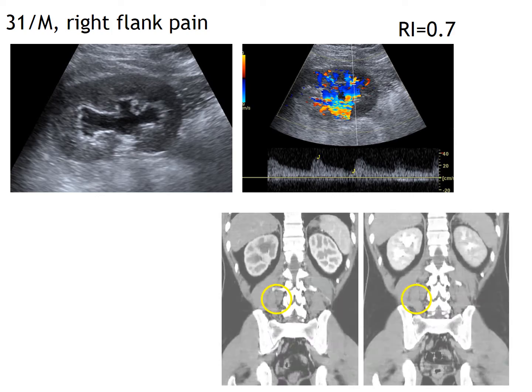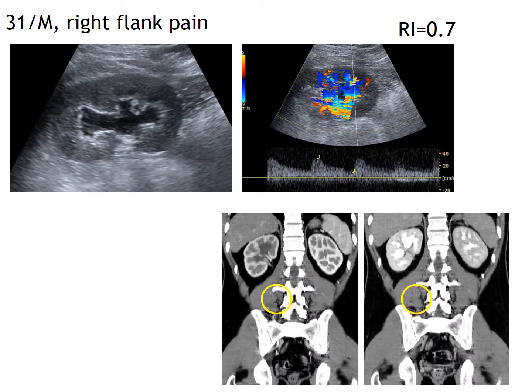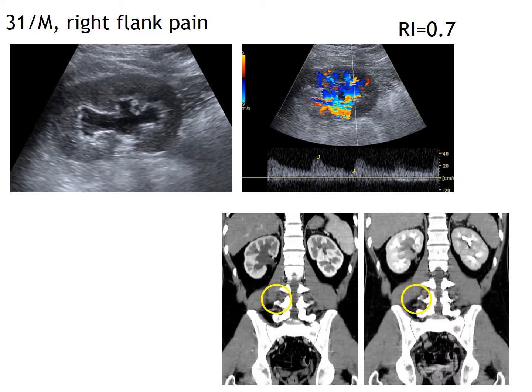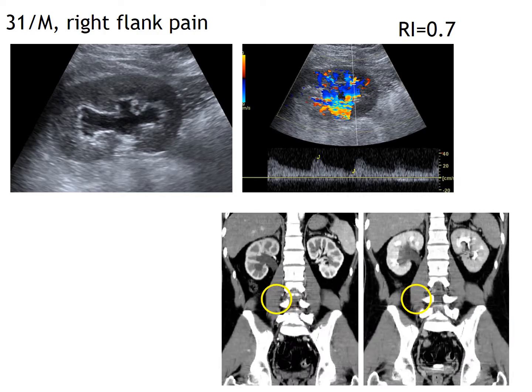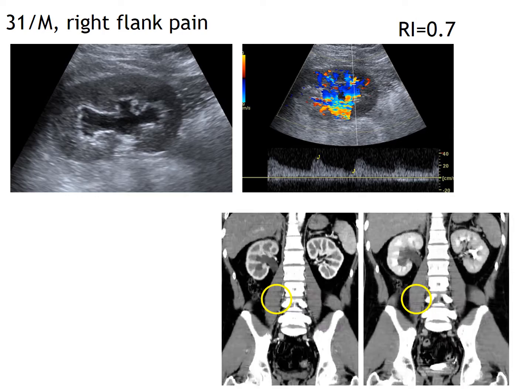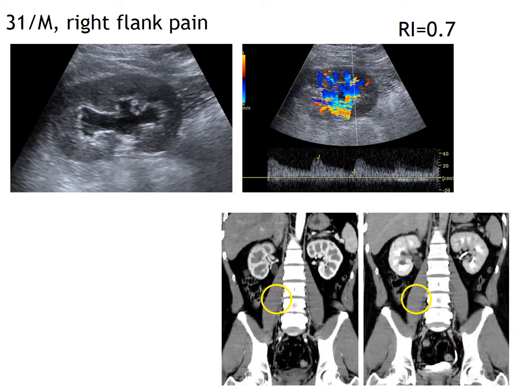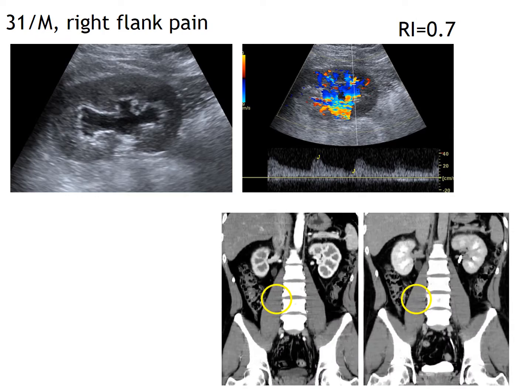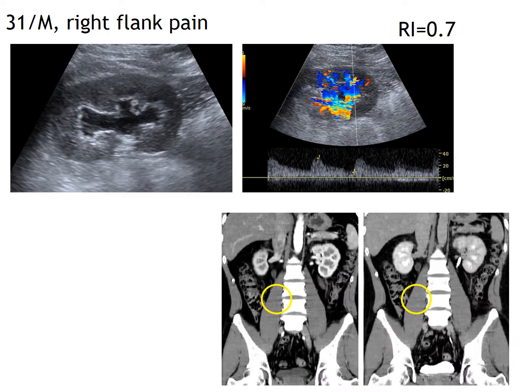Serial CT scan images in coronal plane in early corticomedullary phase and excretory phase show a stone in the right ureter. You can see relatively well-preserved perfusion and excretion on the right side.